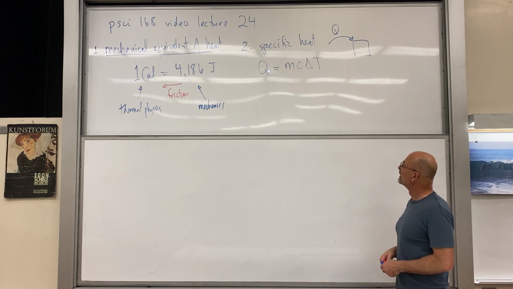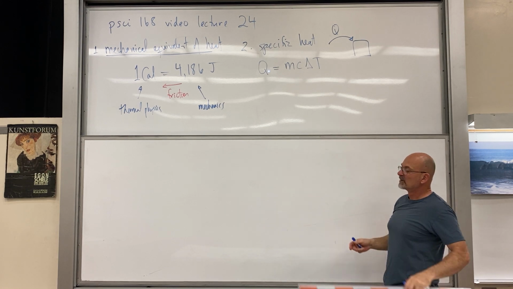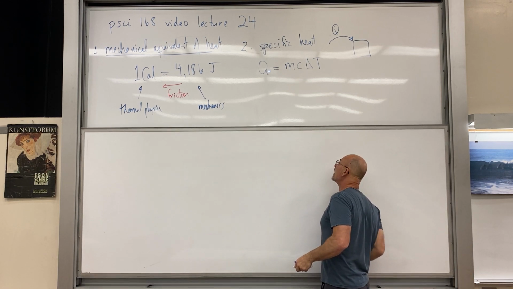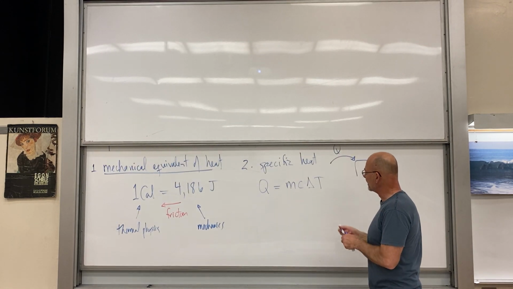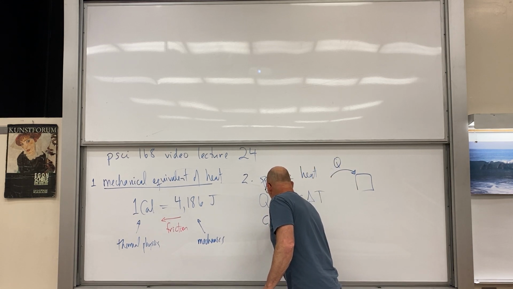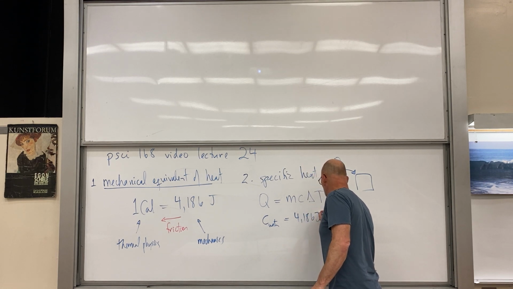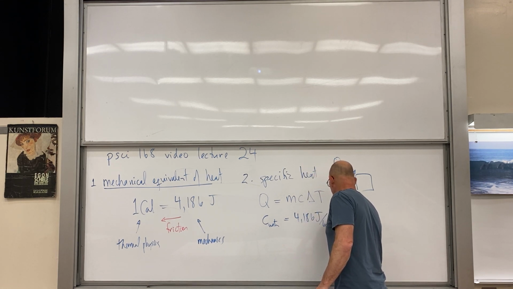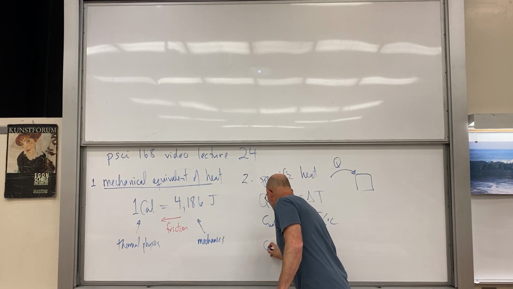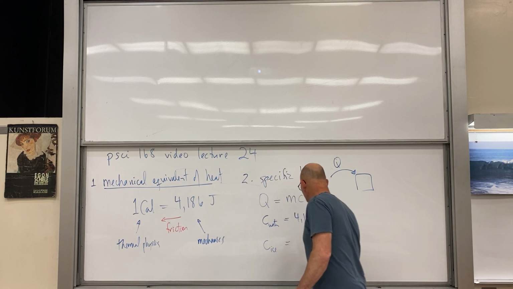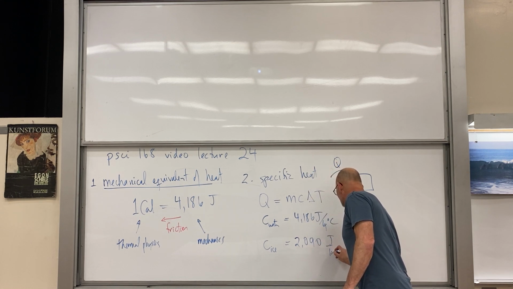I had you guys look up some of these specific heats. Just for the record, I'm going to use that, so let's put that up here. The specific heat of water, 4,186 joules per kilogram per degree Celsius. And the specific heat of ice, that's for liquid water actually, the specific heat of ice equals 2,090 joules per kilogram degree Celsius.